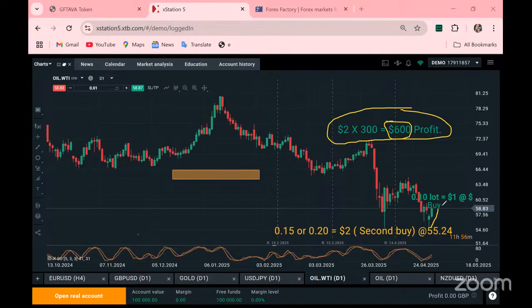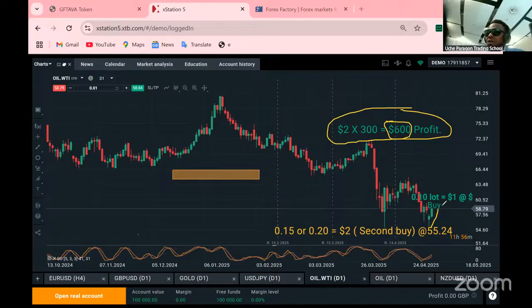Okay, sir, based on the way the market is going, because the market has been going up and down, it's almost recovering right now. Are we seeing the market fluctuating like this for the week, or is it going to be stable? The market is not going to fluctuate. It's going in one direction.